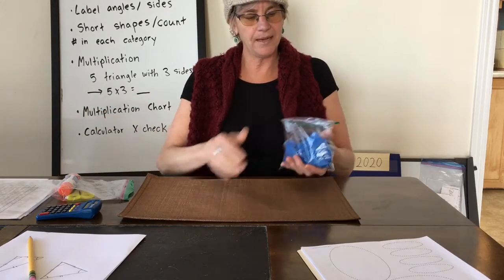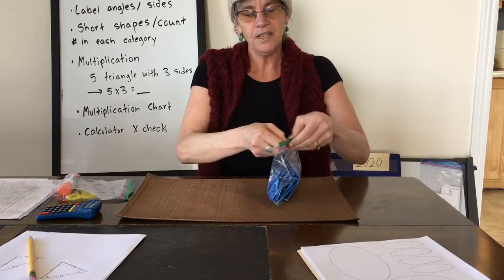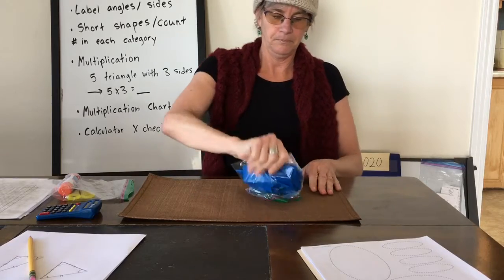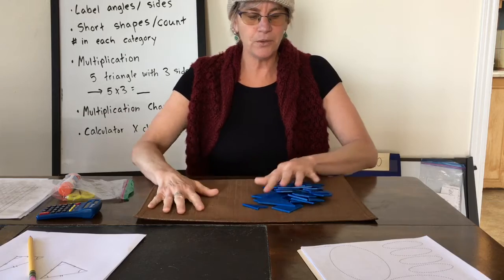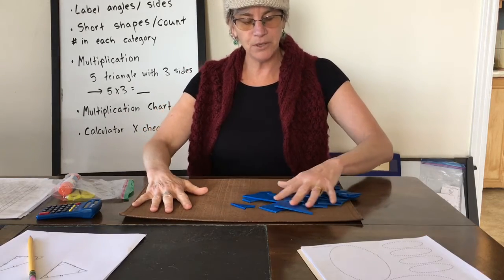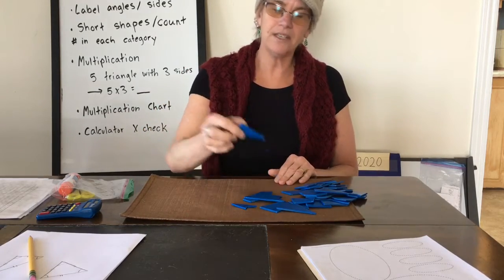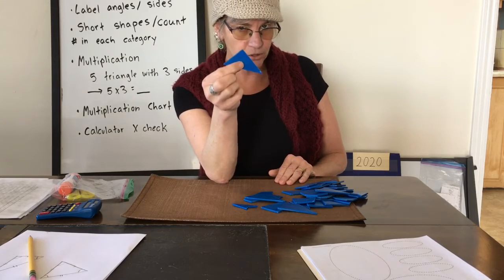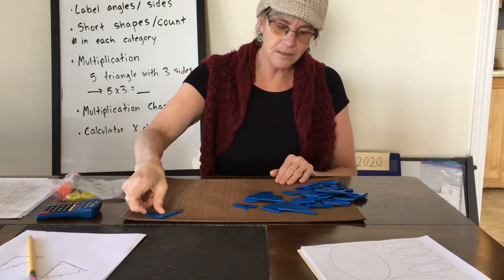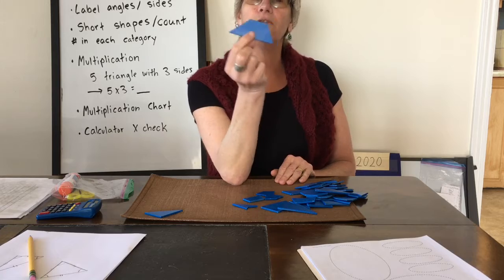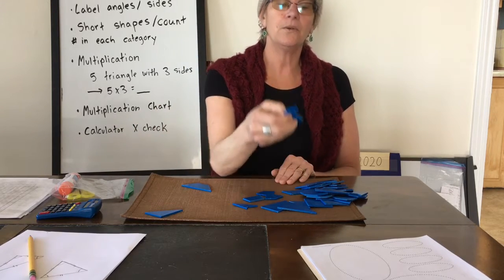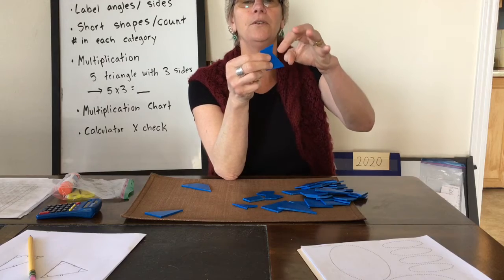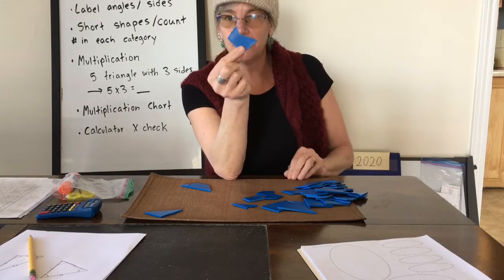Otherwise, just take something to put your shapes on, dump everything out, and sort by the number of sides. All these 3-sided shapes are triangles, so you're going to put those in a pile. You're going to put your 4-sided shapes in a pile. You're going to put your 5-sided shapes in a pile.